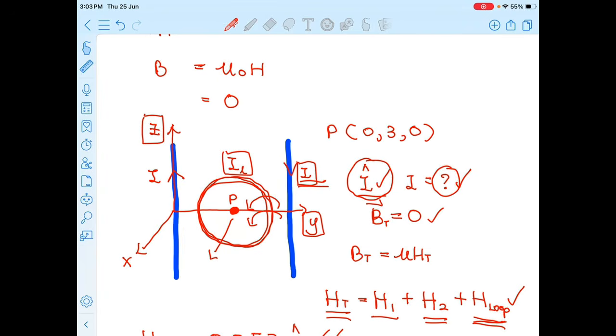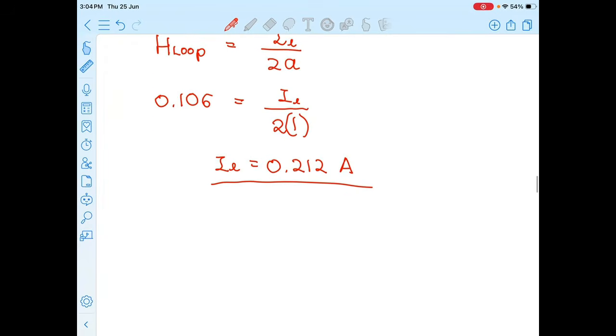These directions represent the direction of your current in the loop. When you grip like this, your current will move in the anti-clockwise direction.